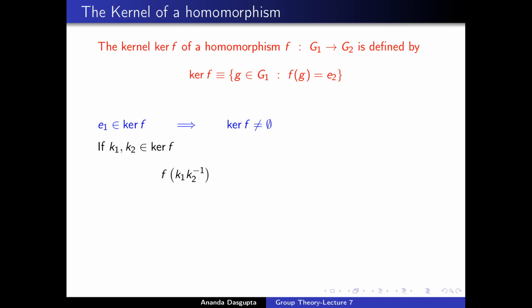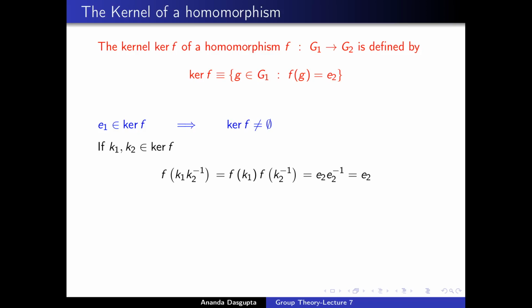That means f of K1 K2 inverse is actually f of K1 times f of K2 inverse. f of K1 is the identity E2. f of K2 inverse is actually the inverse of f of K2, which is obviously E2 inverse, and hence the result is the identity E2. So K1 and K2 both map onto E2 because they belong to the kernel of the homomorphism, but what we have just shown is that this actually implies that K1 K2 inverse will also have to map onto E2.